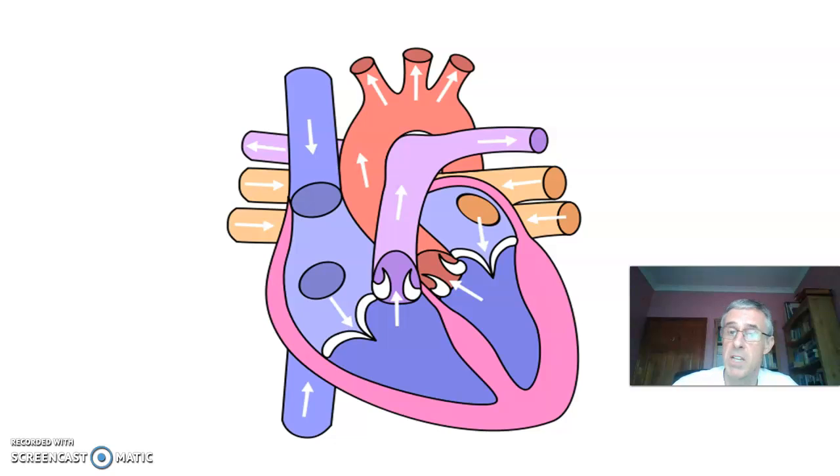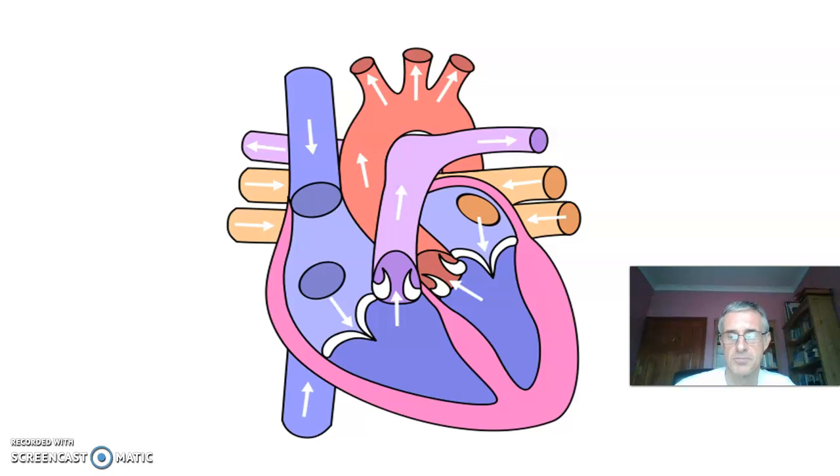Obviously we don't know which parts, and you have to know all the different parts of the heart. And then you also have to describe how the blood flows around the heart. So that is the main part of this lesson. I'm going to try and talk you through this. You're going to have to learn that, and then I'm going to set you some work as well and some other little clips to watch.